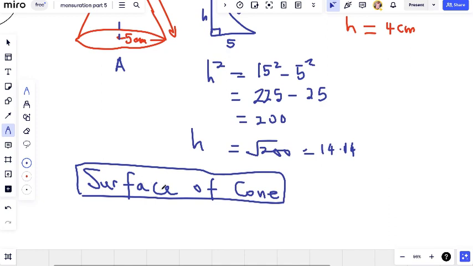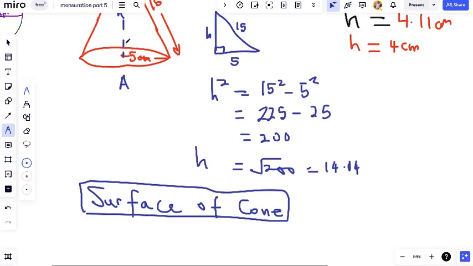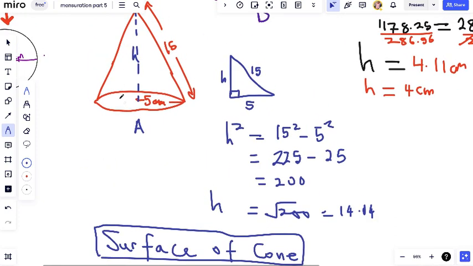The surface area of the cone comprises the area of the circular part. When we say surface area, I didn't write the area, sorry, surface area of a cone.